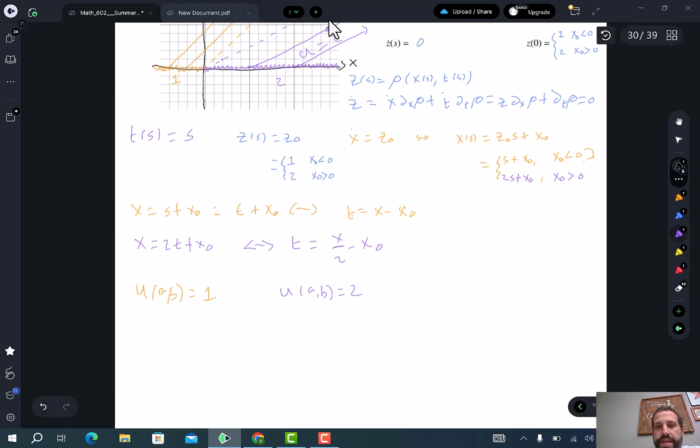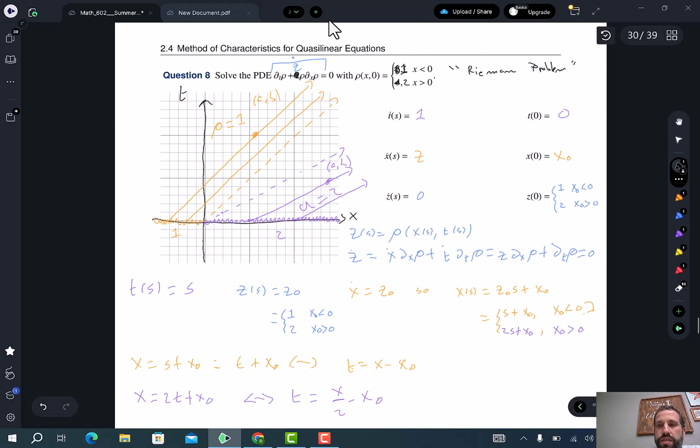This is in the orange region, and this is in the purple region. Of course, we want to write this in a more mathy, more precise way involving inequalities. So it's going to be 1.